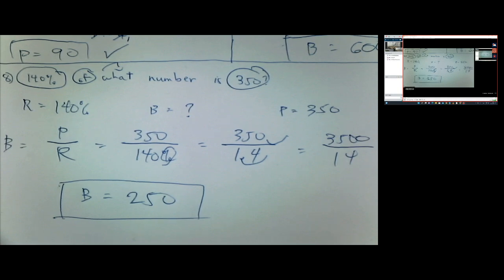Number 1 score, 2, 3, 4. Number 4, 5, 6, 7, 8.